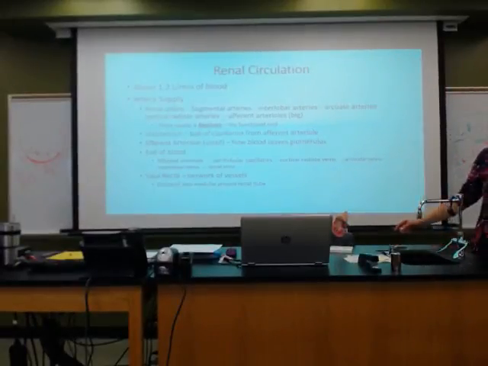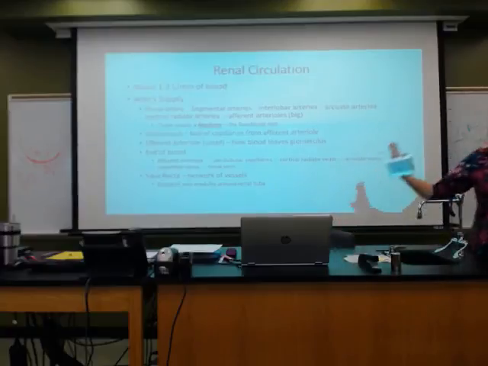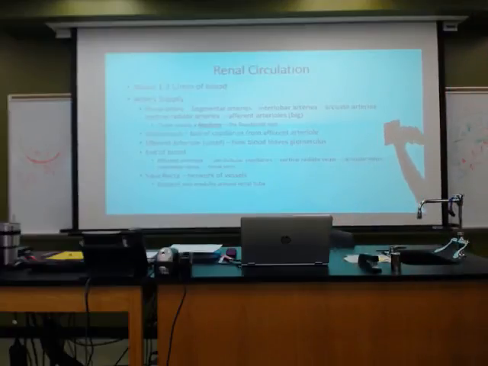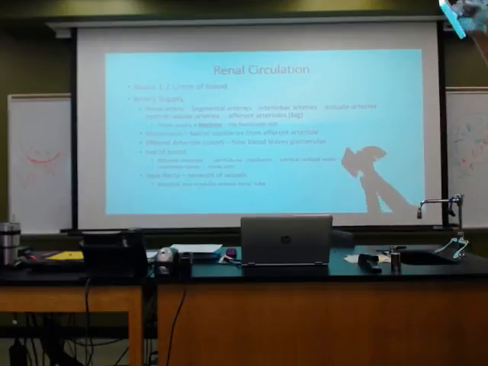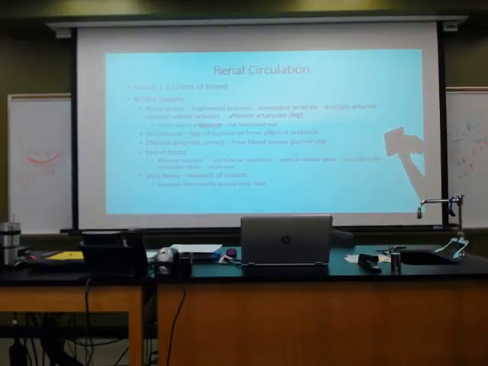The nephron, which they're trying to represent on ours as these little squiggly white lines, are microscopic. You have roughly 1 million per kidney.